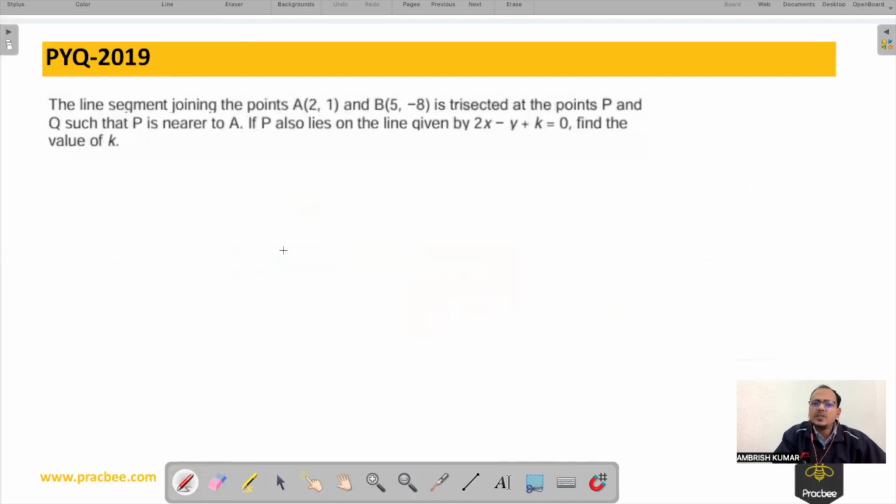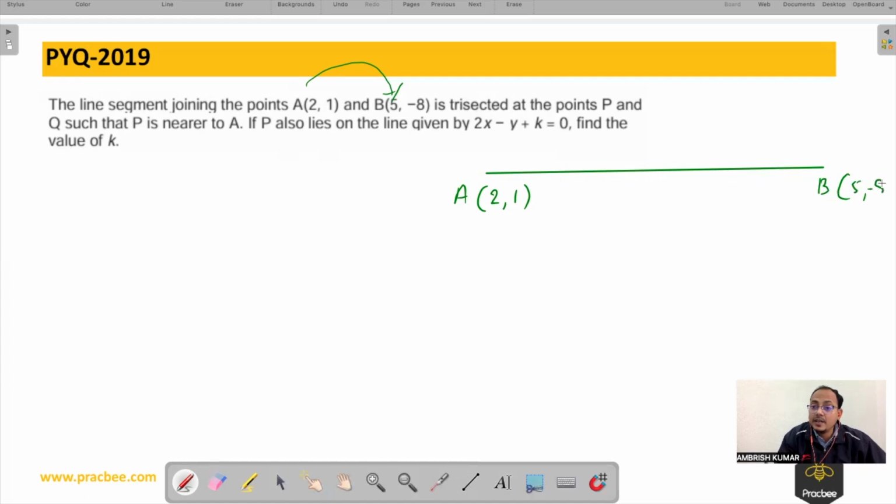The line segment joining these two points is trisected at the points P and Q. So look, just draw a line segment A to B. Trisection means dividing in 3 equal parts. So this is the point A, the coordinate is 2, 1. This is the point B, the coordinate is 5, negative 8.